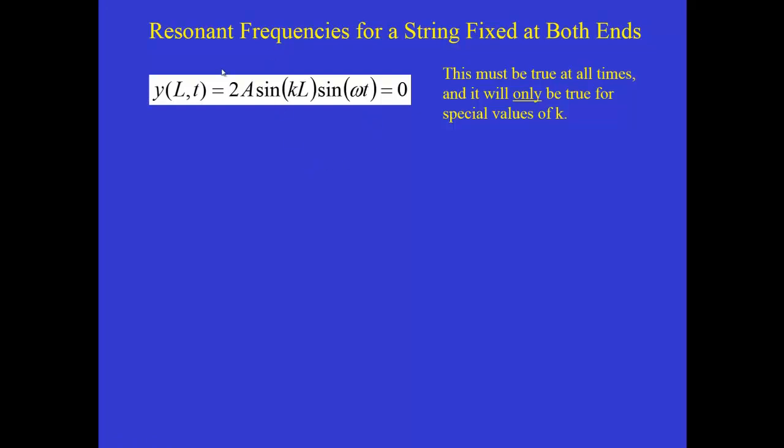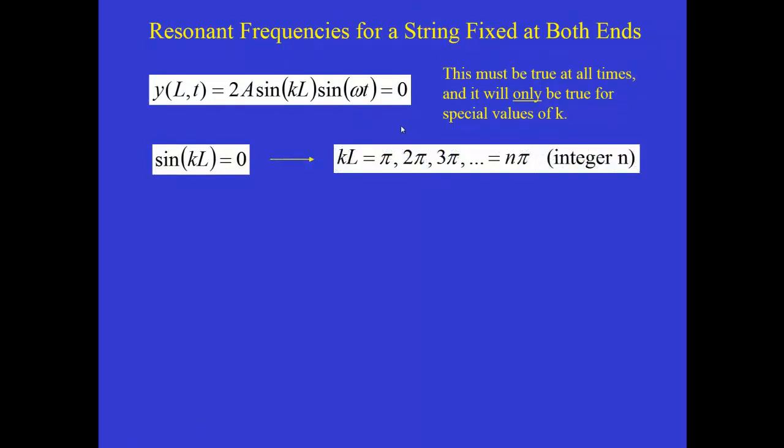So what that means is, in order for this to be 0 at all times, the sine KL has to be equal to 0, and that will only happen for special values of k. So if sine KL is equal to 0, well, we know that KL, in order for that to be true, has to be some integer multiple of pi. So we'll call it n times pi, where n is an integer.